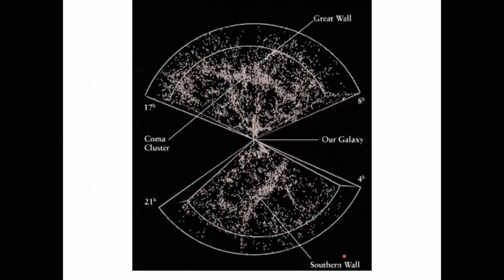If we have the picture, this picture will probably explain what I mentioned in the previous slide. You have this wall type of structure, and this set of dots right here we call the Great Wall, right? A collection of galaxies and clusters, and our galaxy is right here.